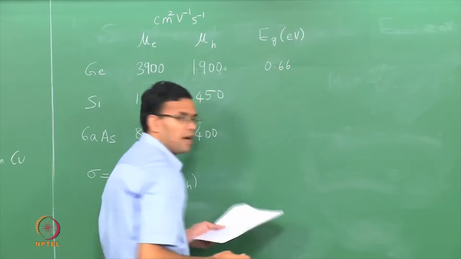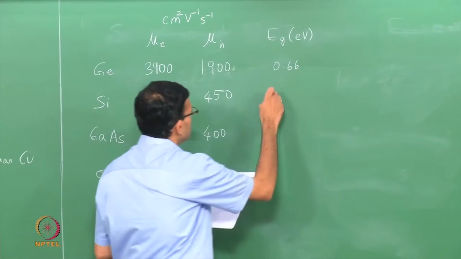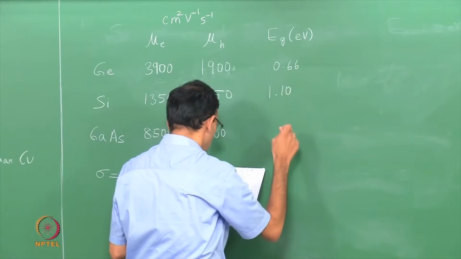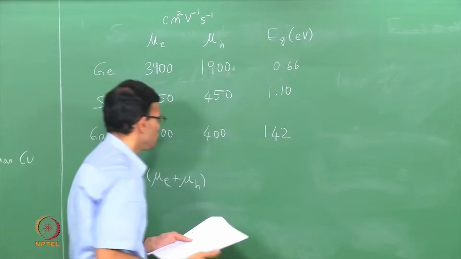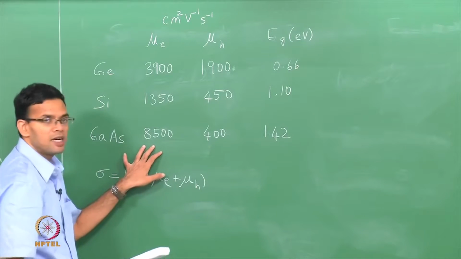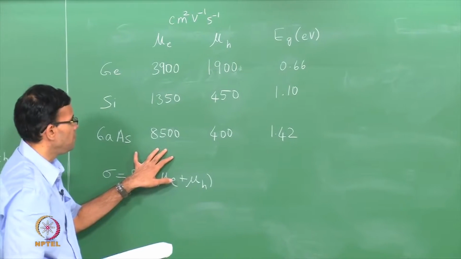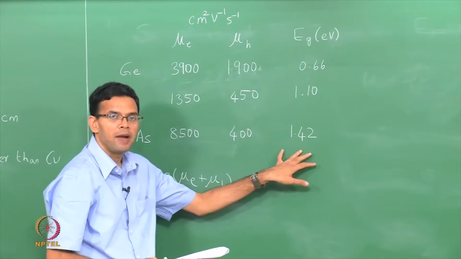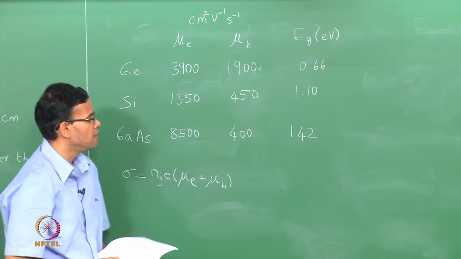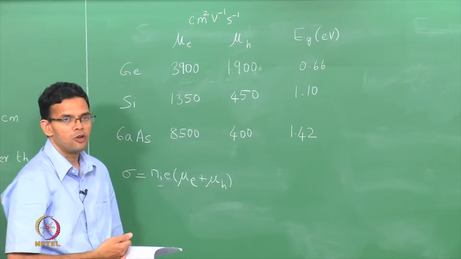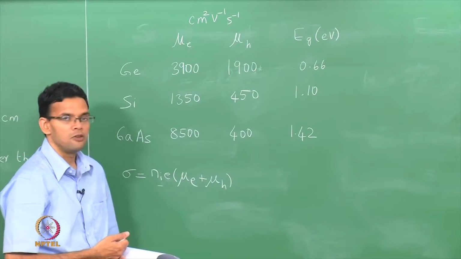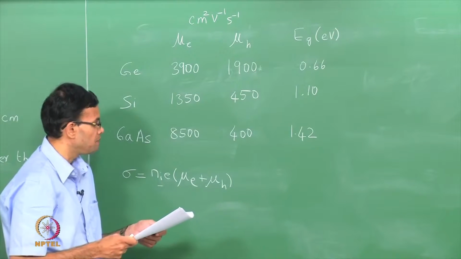This is at room temperature. Silicon is 1.10, gallium arsenide is 1.42. So, even though gallium arsenide has a higher mobility, because it has a higher band gap, we will find that the concentration of carriers is lower. Because you have a lower concentration of carriers, you will also have a lower conductivity.